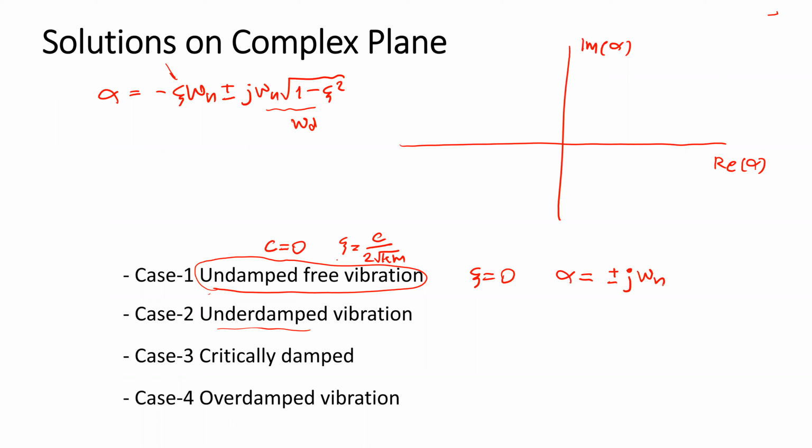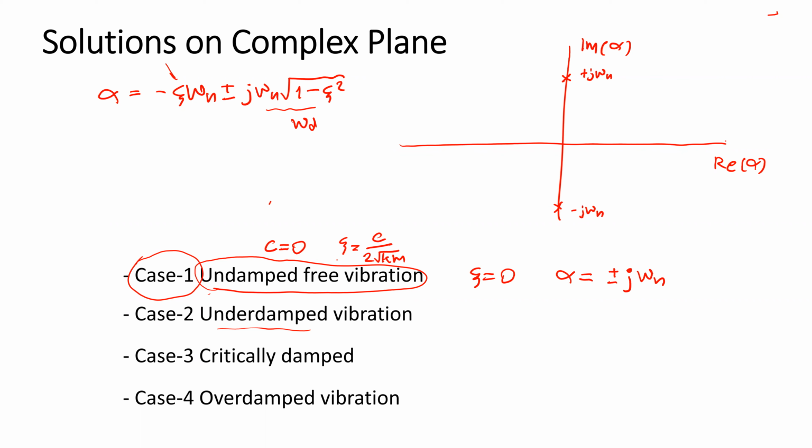It means that in case 1, if we plot it on the complex plane, the real part is going to be 0, but we have the complex conjugate, plus J omega n or minus J omega n.